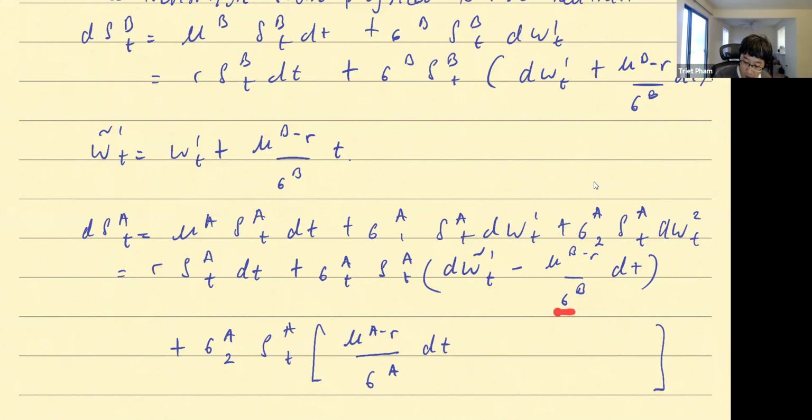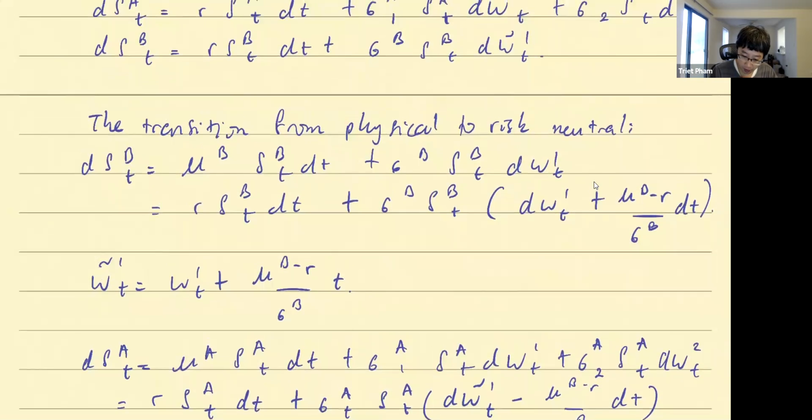But then on the other hand, you also have this term right here that you put in. You have this term here you want to put in because, what happens is this.